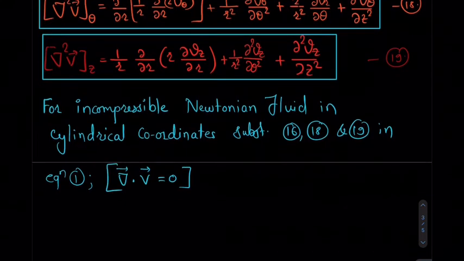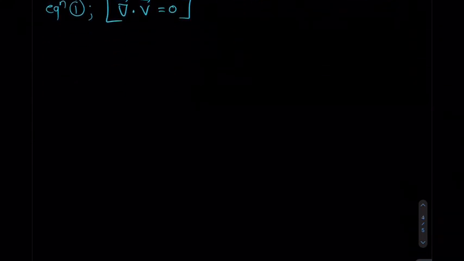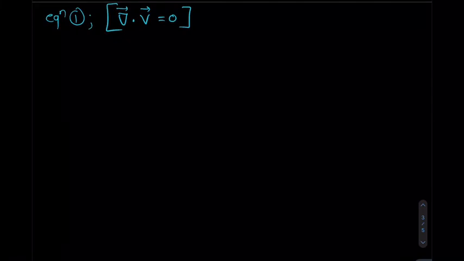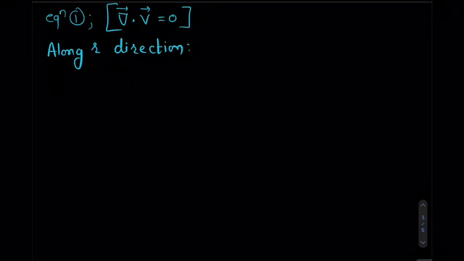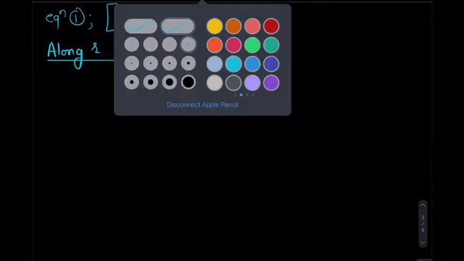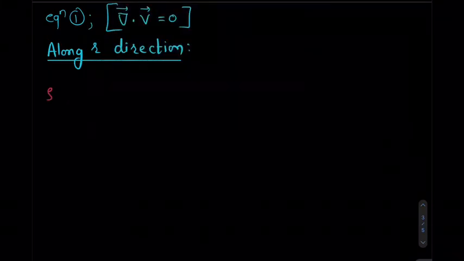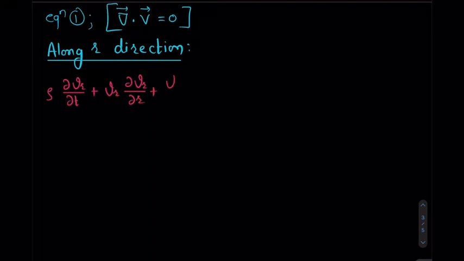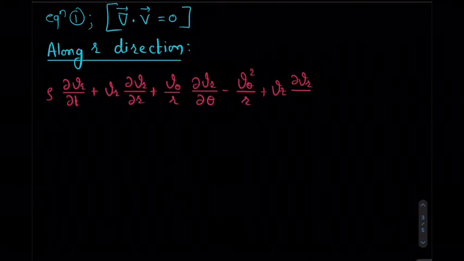Along r direction one can directly write down all the terms. The left hand side we have already reduced in earlier videos, so you can go through it. I am just rewriting it here directly: d/dt of Vr plus Vr into dVr/dr plus V theta over r into dVr/d theta minus V theta squared over r plus Vz into dVr/dz.